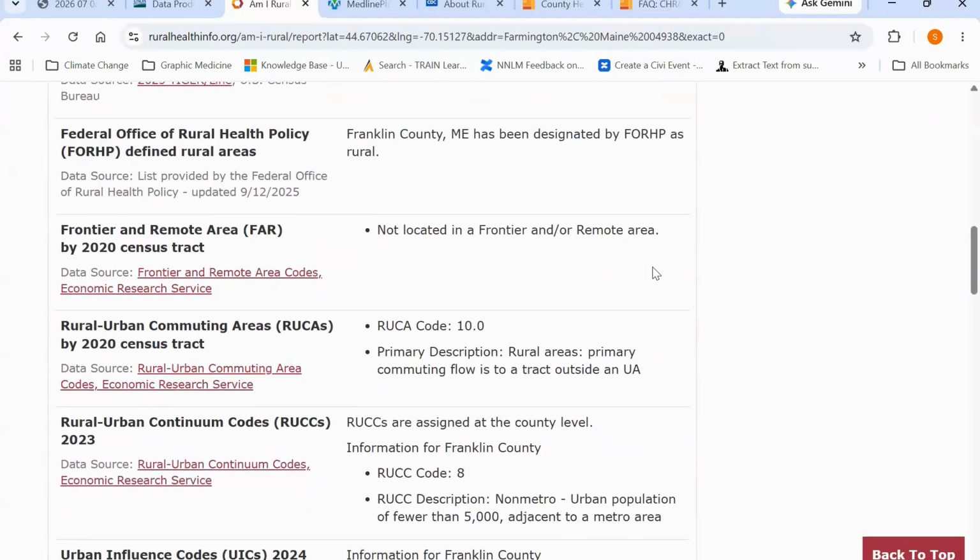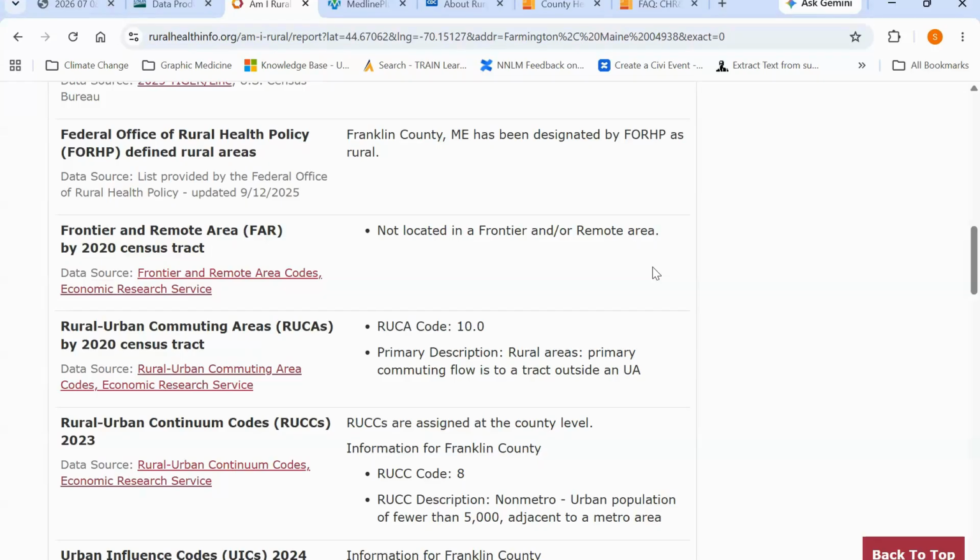And so what's useful for this is, if you are going for funding or to participate in any kind of programming, and it gets confusing with, am I rural? Am I not rural? It depends on what the definition is and what they're using.